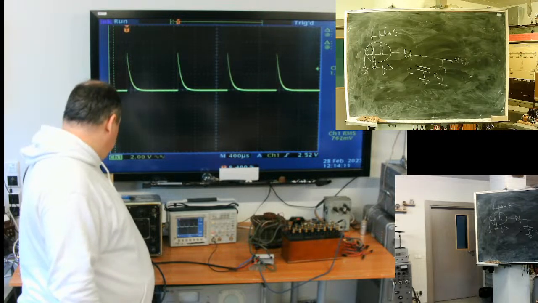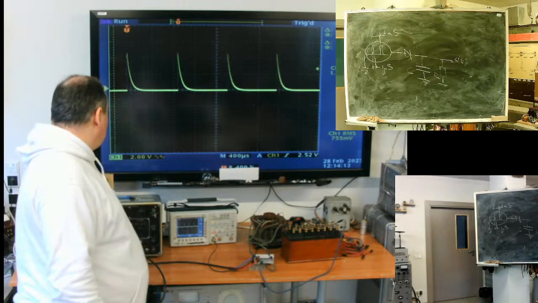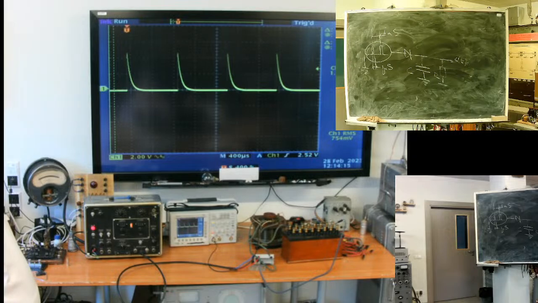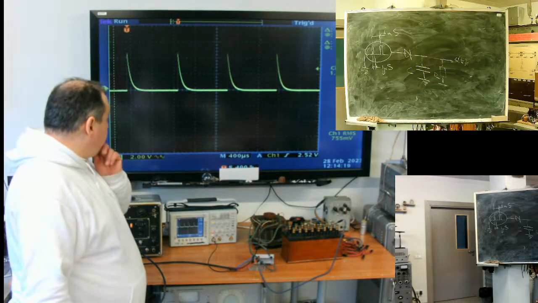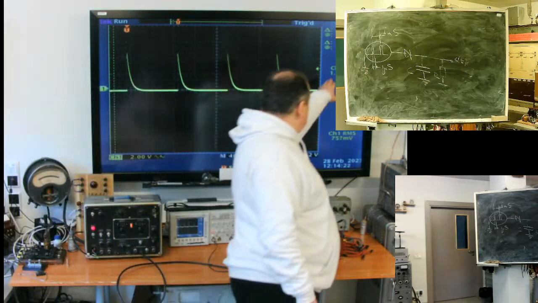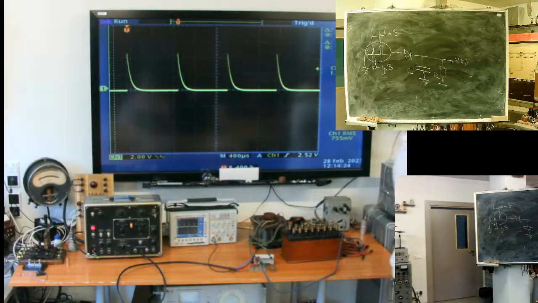Okay, one microsecond. The pulse charges the capacitor and it is discharged. Nice. We have frequency, we have effective value.